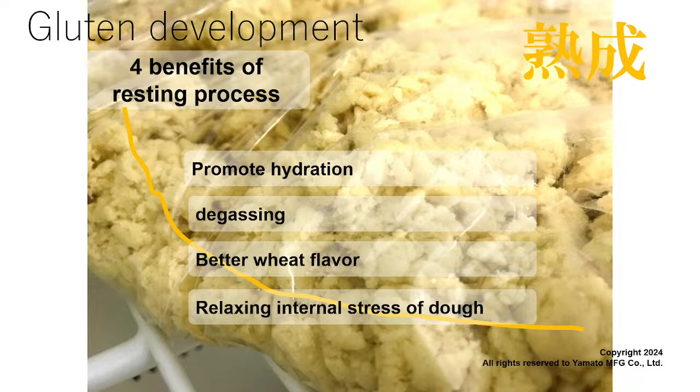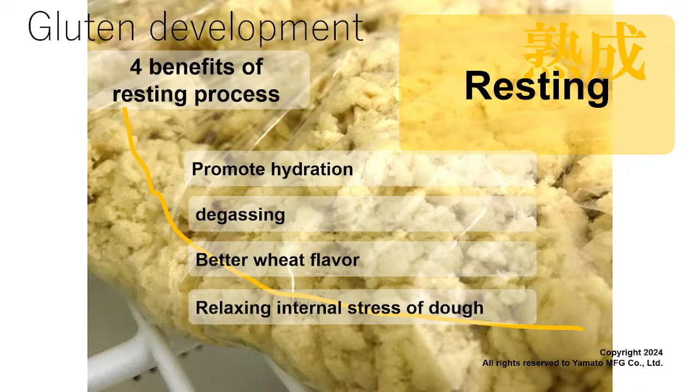And then the first resting process. Basically we're just putting the dough in a plastic bag and letting it sit at room temperature, maybe 18 degrees Celsius to 25 degrees Celsius. We get four benefits from the resting process. It promotes hydration.